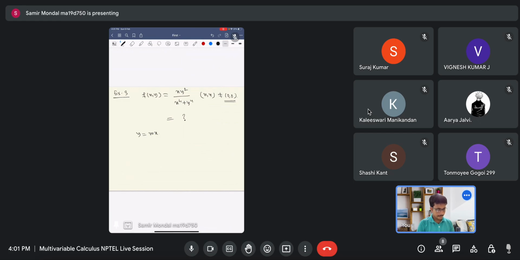We will get m square x cube divided by x power 4 plus m power 4 x power 4, that is x square plus m square. So x cube will be cancelled, then we will get this one. Is it fine? Please tell me.